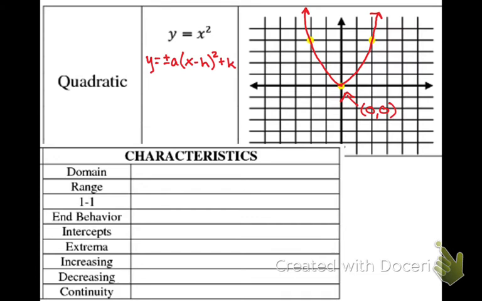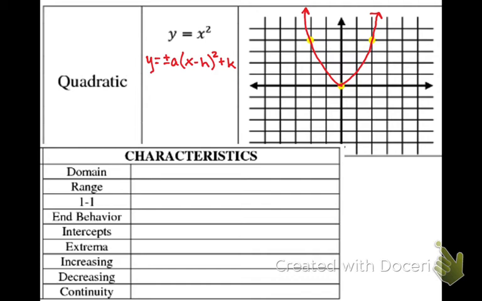Correct? Okay, so when I'm moving this, right here is my h and my k. The initial h and k is 0, 0, isn't it? Yes. Okay, so just remember that, and it will get easier as we work on it.